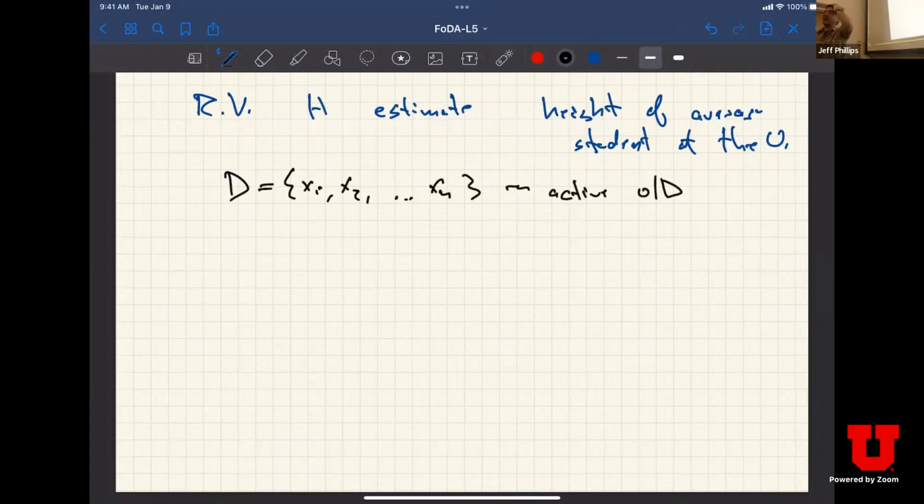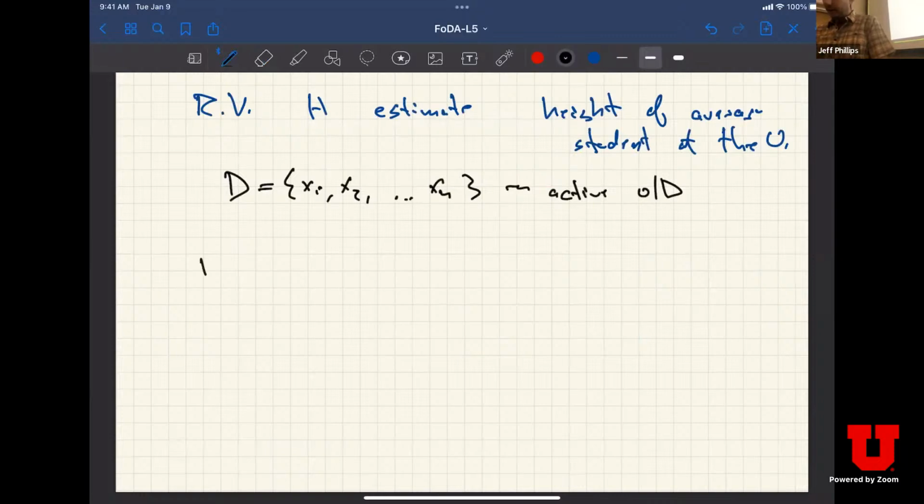Let's say I have a list of all the UIDs in the university, and I can draw a random sample, and I can somehow query someone's height. So I'm going to try and estimate the height from this data. Okay, but I'm going to start with a prior now.